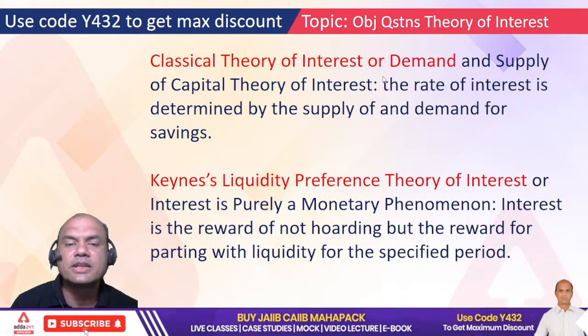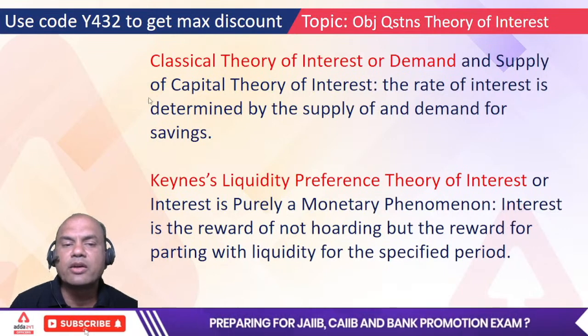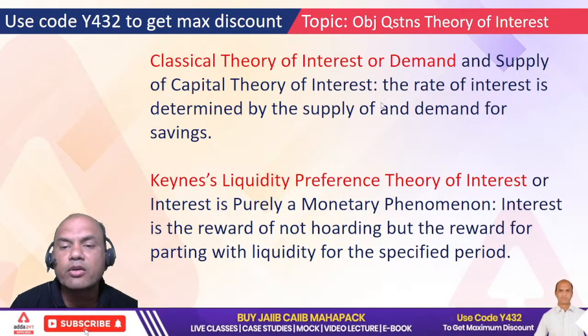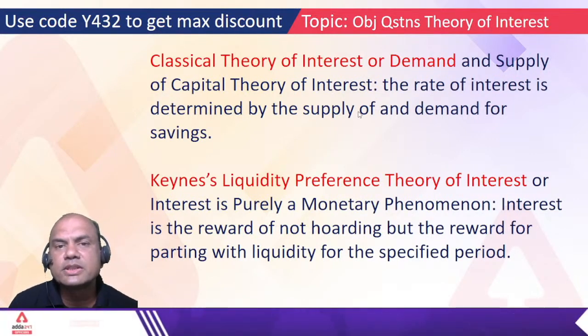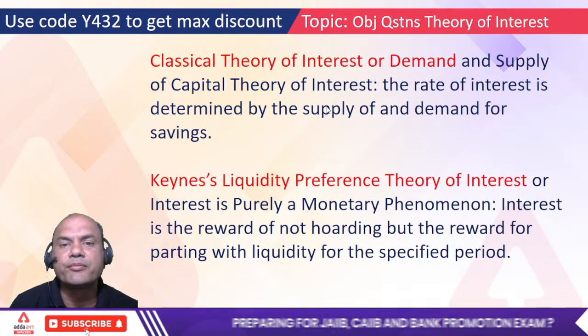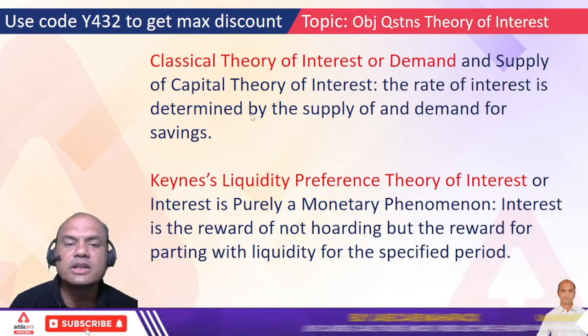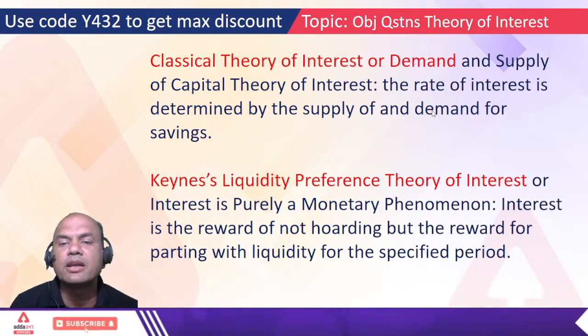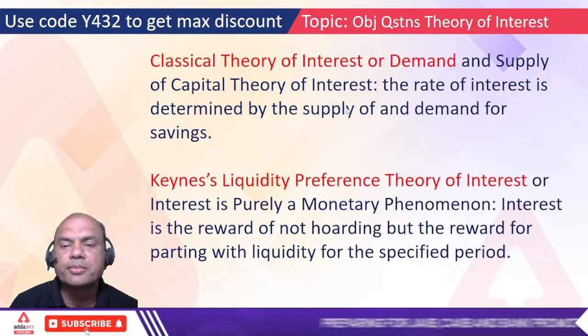Classical theory of interest and demand. See, these two I have given for your reference. Demand and supply of capital theory of interest. The rate of interest is determined by the supply and demand of the savings, isn't it? What did I say? The money which is available for giving as a loan is available only from the supply. So supply means what? Those savers, right? It only talks in terms of supply and demand for money. Means rate of interest is an output of supply and demand for money.